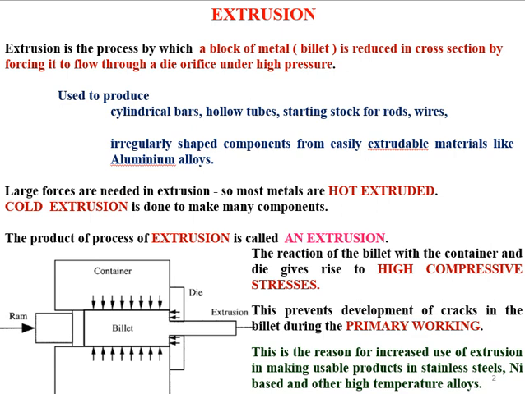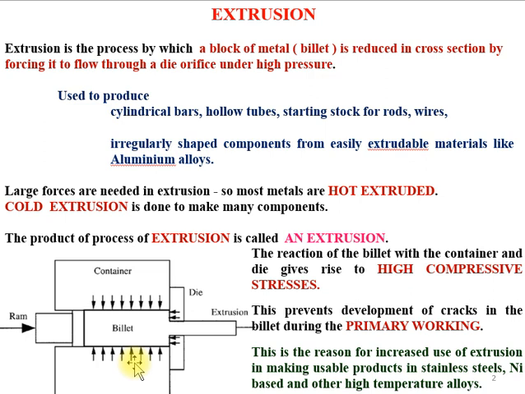Say, for example, here this is what we call a billet, which is a block of metal, and we are applying a force using a ram. We will get more idea about this once we go to the subsequent slides. So when we apply a load onto this, the metal will flow through this die opening, which we call the die orifice. At the same time, the container walls will apply a reaction force onto this material from all directions.